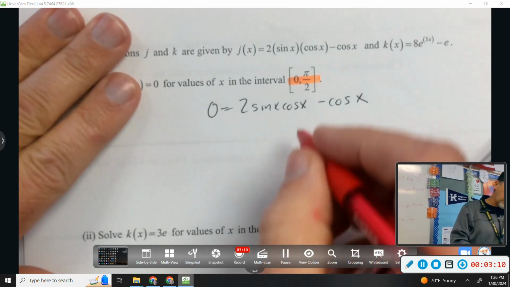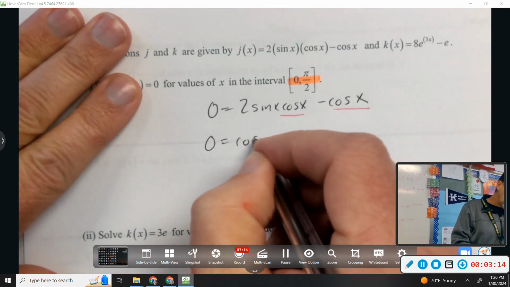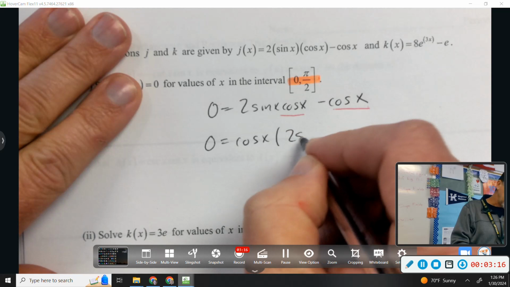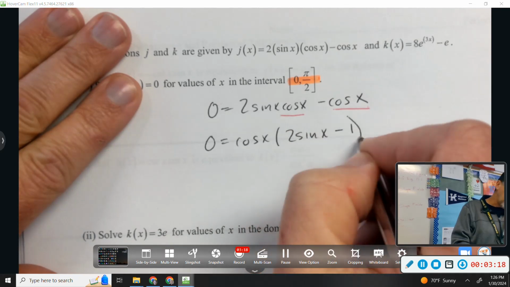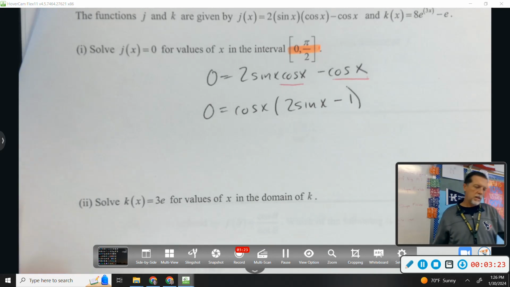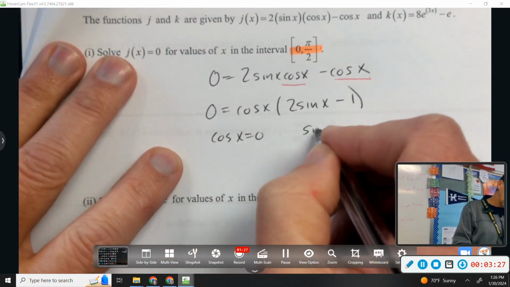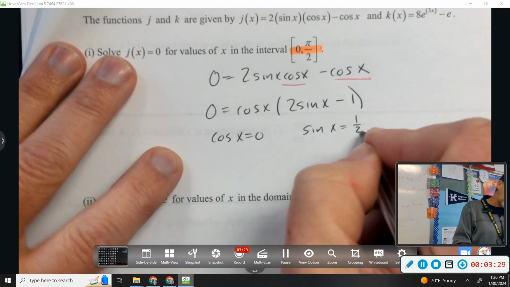Let's factor out a cosine of x. Cosine of x, 2 sine x minus 1. So cosine of x equals 0, or sine of x equals 1/2.